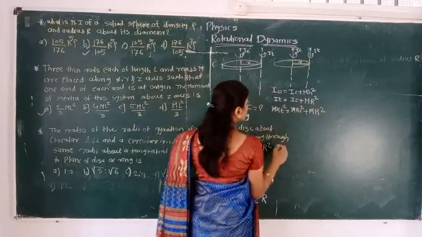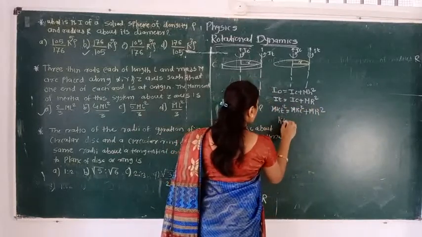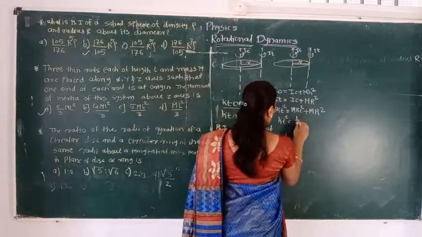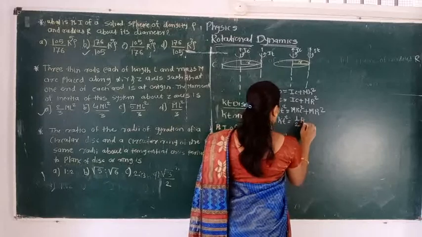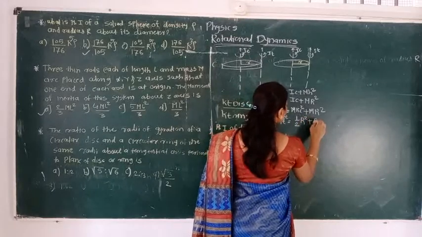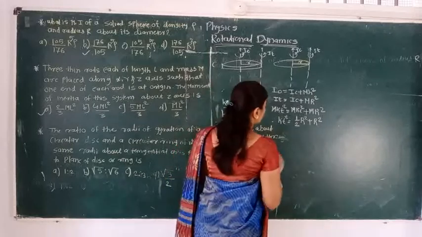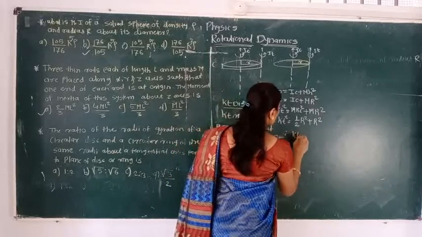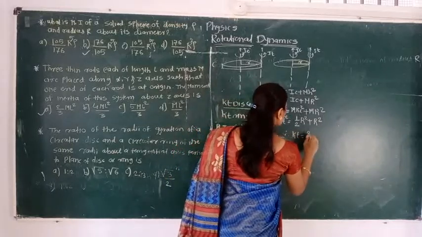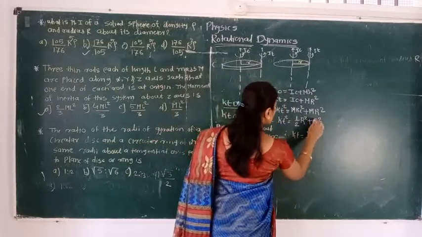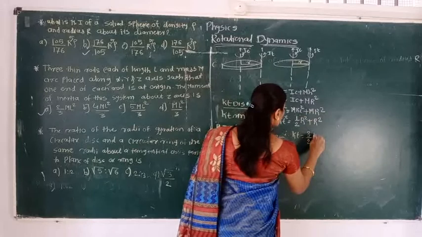Whatever common terms there are, they are going to cancel. Kt square is equal to 1/2 r square plus r square. Therefore Kt square is equal to 3 by 2 r square.